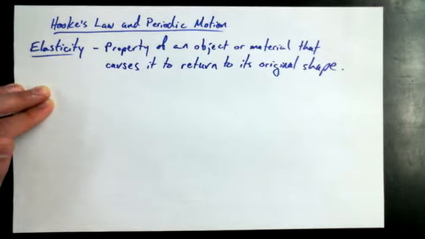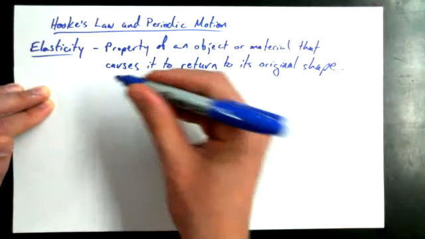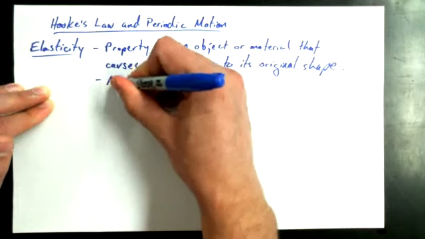It's the property of something to have a tendency to return to its original shape. So if you stretch it, it's going to pull back. And if you compress it, it's going to push back. And it's always a resistance to change.